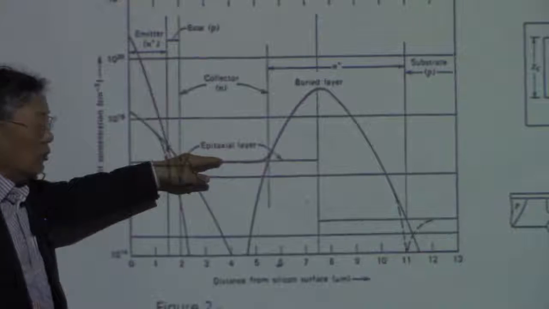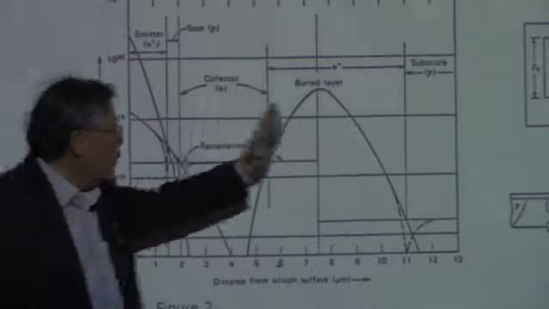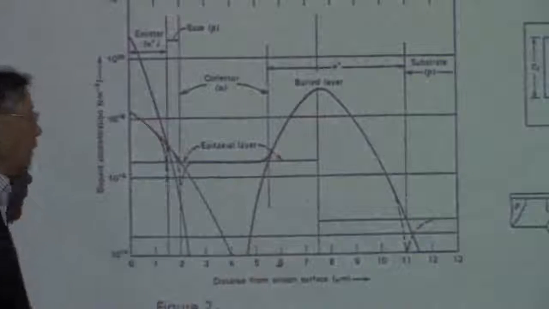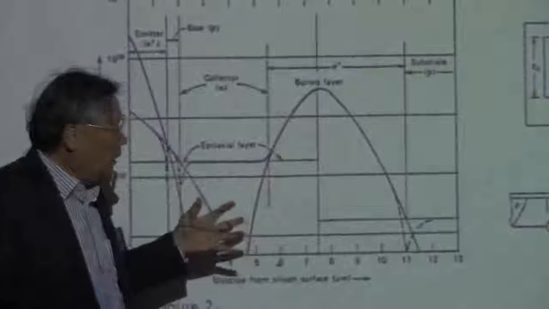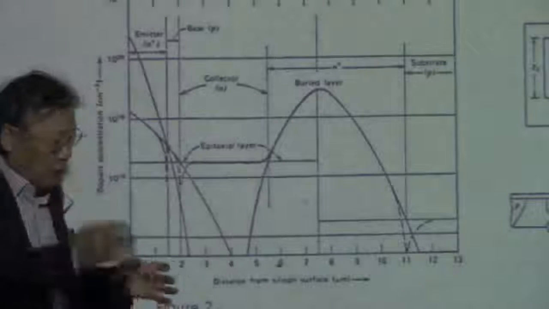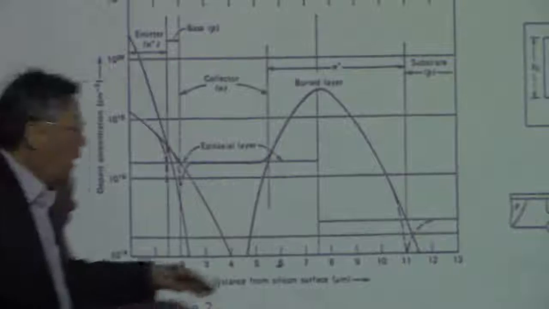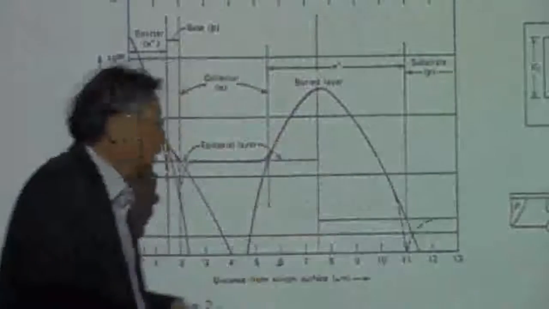You usually use the phosphorus, and you usually use the antimony for the buried layer, and there is a reason for that. Antimony has a low vapor pressure and a low diffusion coefficient, so that the out diffusion can be minimized if you use the antimony.